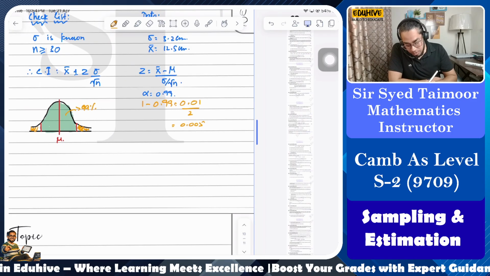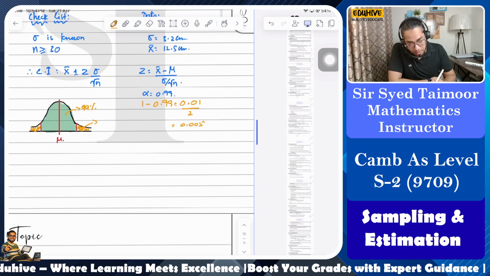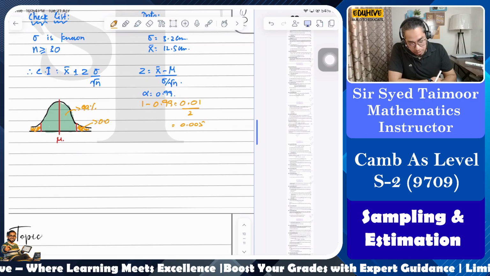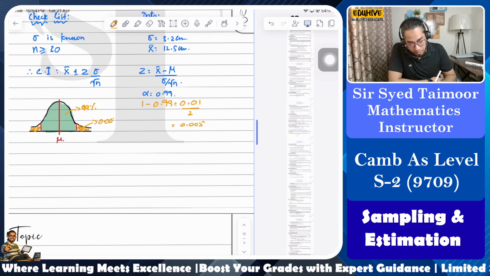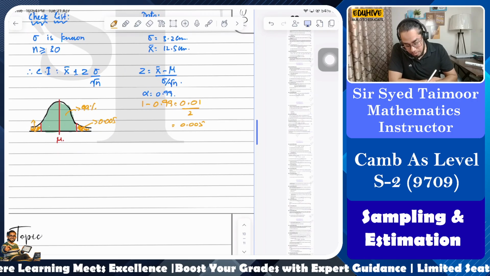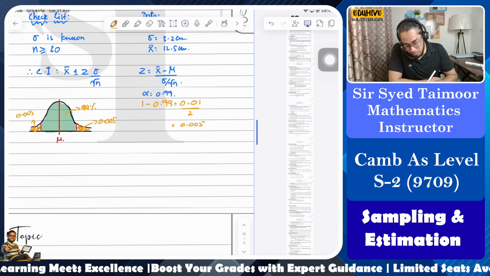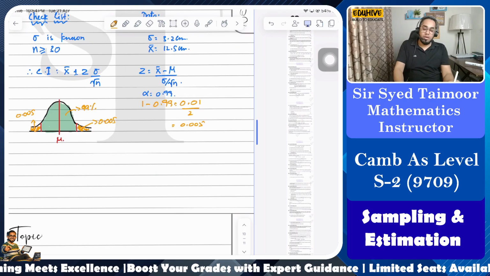This portion and this portion, they both are exactly 0.005, and exactly 0.005.